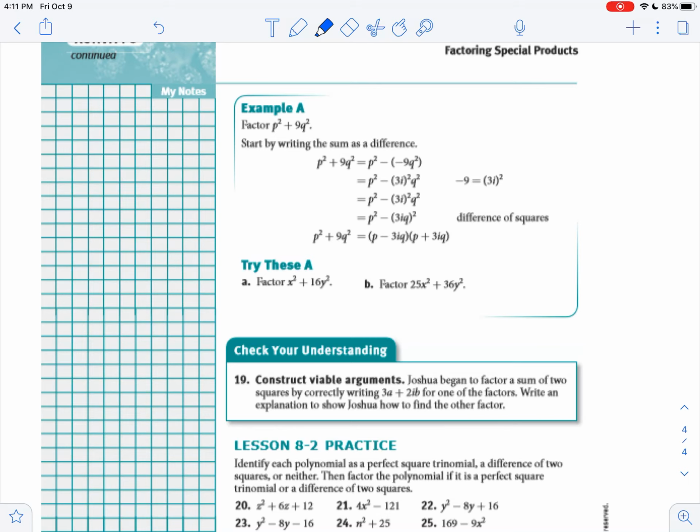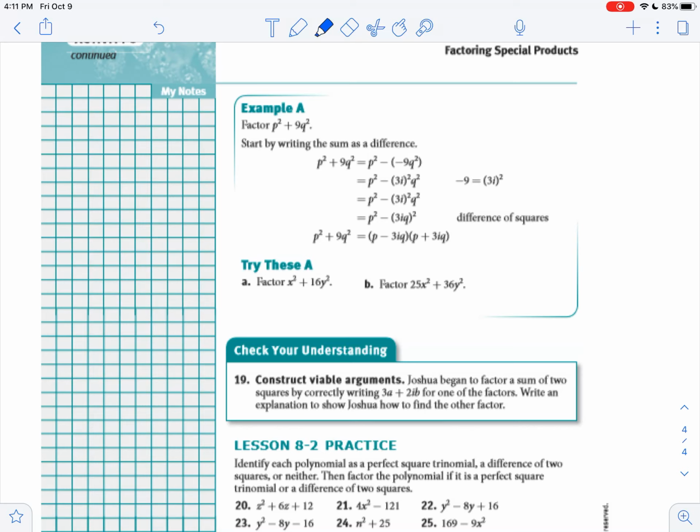It's not a difference. However, we could write it as a difference, and if we did that, we would have to change the signs. If I wanted to go from plus to minus, I would have to make it minus a minus, and that's what you see here. So p squared plus 9q squared is p squared minus a negative 9q squared.